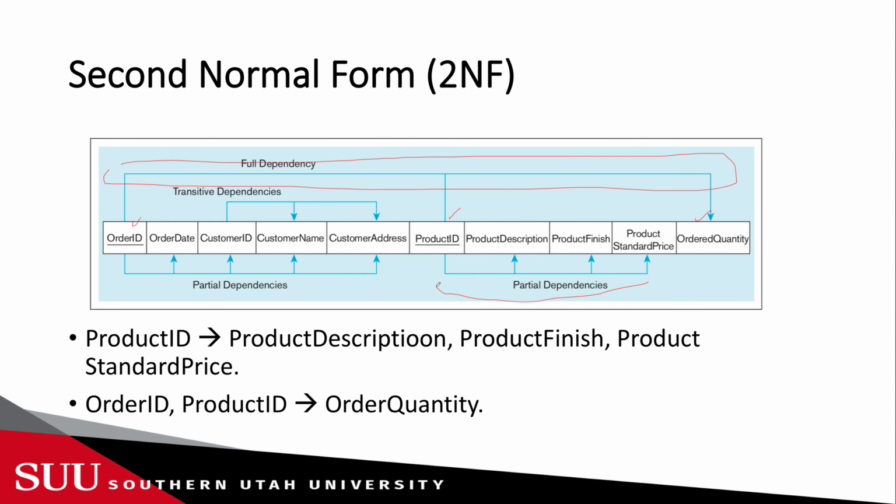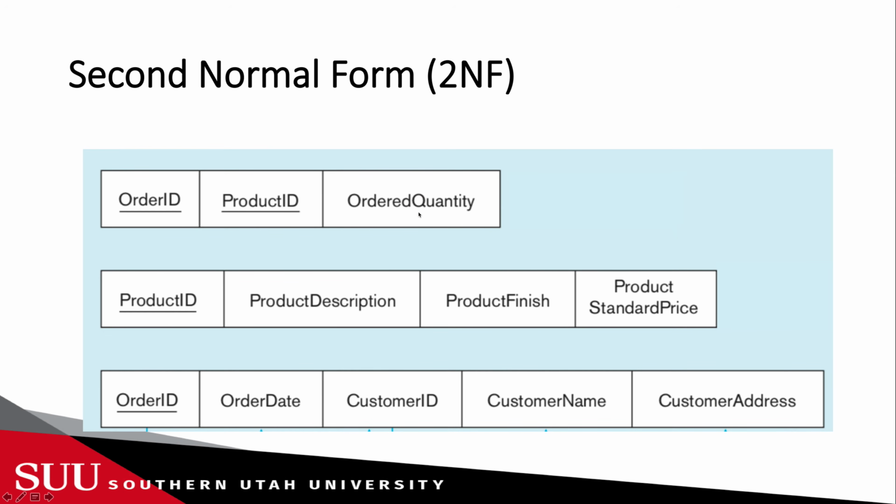And then each one of those partial dependencies is going to have its own table. So this is going to be a table, and this is going to be another table as well. So the resulting second normal form is going to be what we have in here. What we did is we made the partial dependencies become full dependencies by separating them in their own tables. And now if we look in any one of those tables, we do not have any partial dependencies.